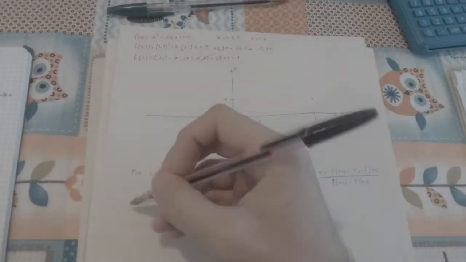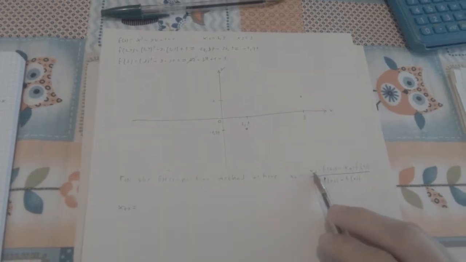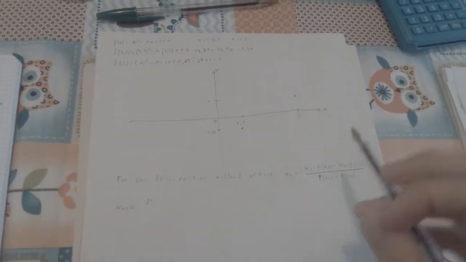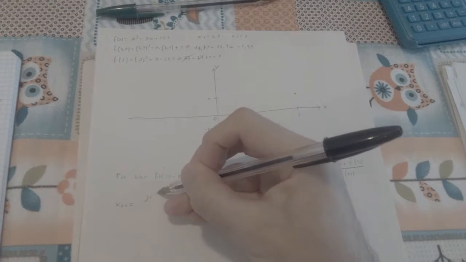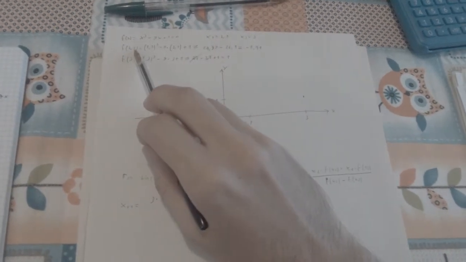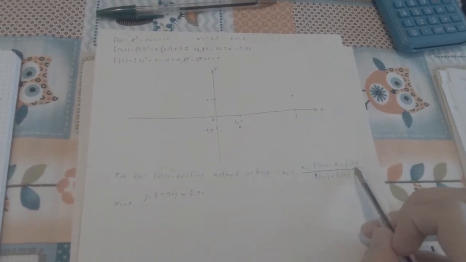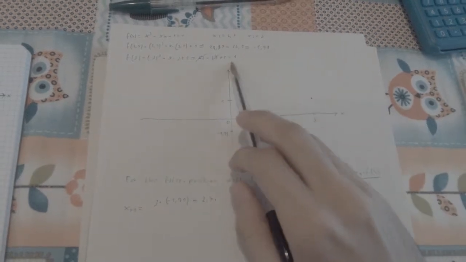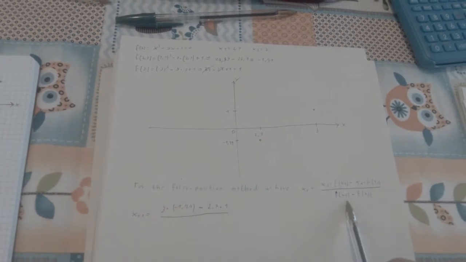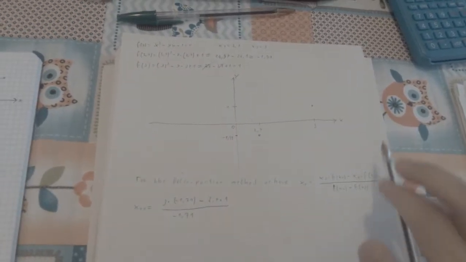So once again, what the formula says is that I'm going to get an xr1 given by x2, so 3, times f of x1, so negative 1.71, minus x1, so 2.9, times f of x2, so 1, everything over f of x1, so negative 1.71, minus f of x2, so 1.